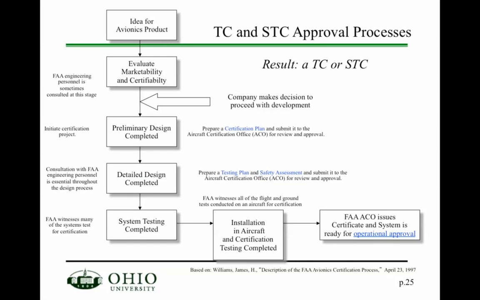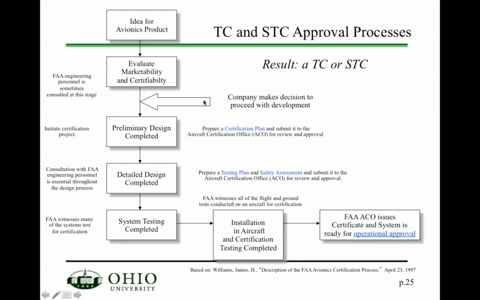Let's look at the basic process, and this is a little bit more extensive than the little block diagram I showed you earlier. Company has an idea for an avionics product, for example, or an aircraft product. They check out if there's marketability and how hard it's going to be to certify it. And at this point, sometimes FAA personnel has already consulted on this case.